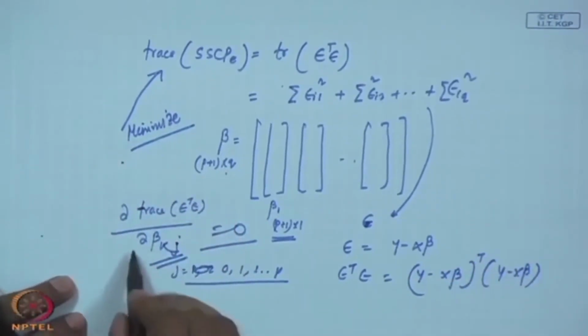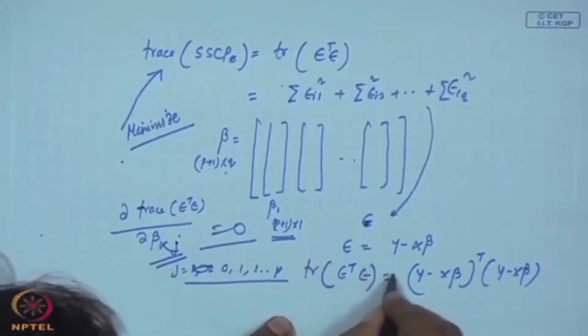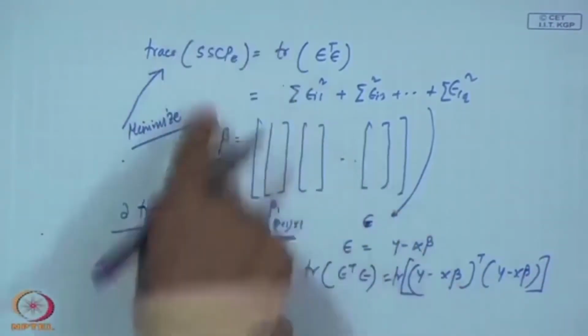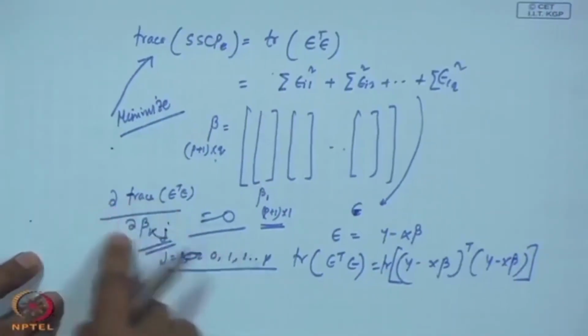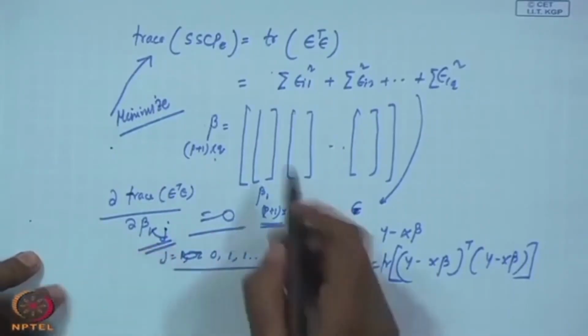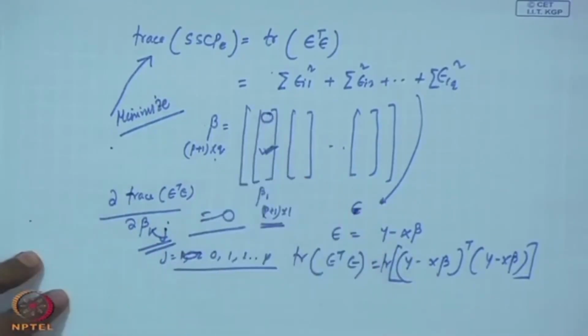So when we are taking the derivative of the trace, that means you are taking the trace of this, that means only the diagonal elements are coming. So when you are taking the derivative of this with respect to beta 1 and that too beta 10, then ultimately all other things become 0, only that quantity will be used for derivation.